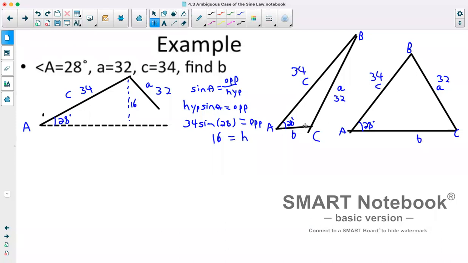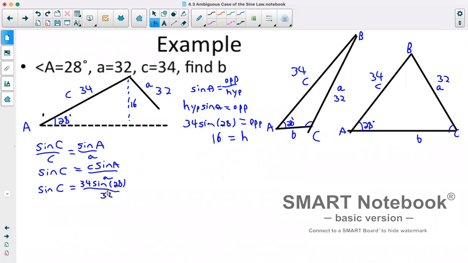So first thing I'll solve for again is this angle here. So that'll be angle C. So with these, that would be sine of C over C equals, we have our values for A, so sine of A over A. Rearranging that gives us sine of angle C is equal to side length C times sine of angle A over side length A. We'll fill in our values. So we have sine of C is equal to side length C, which is 34, sine of angle A, which is 28, divided by side length A, which is 32.